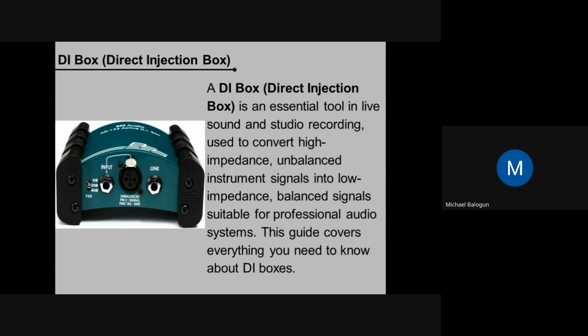So DI box. I've left audio interface. Now we are going to DI box. DI means direct injection box. Note that a DI box is not an audio interface. You can't connect this one straight into your system.